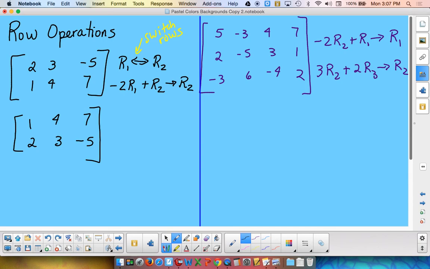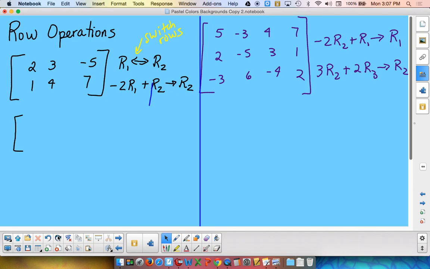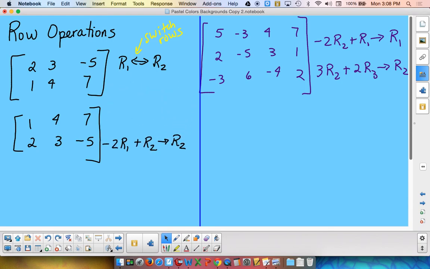Now, I want to take this matrix, and I'm actually going to move, well, I was hoping to move. Hold on. Okay, I'm obviously killing things I shouldn't be killing. Okay, I want to actually take and move this equation down here. So now, for my second set of row operations, this is a little trickier.